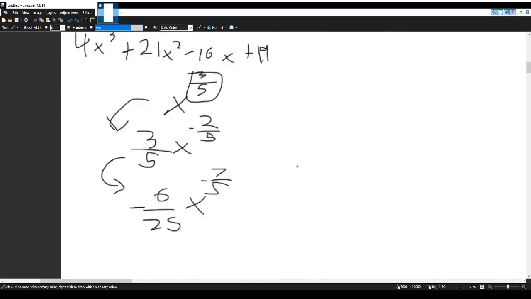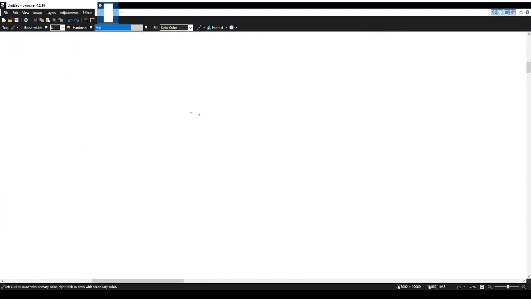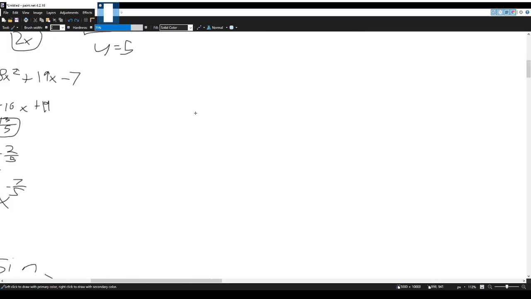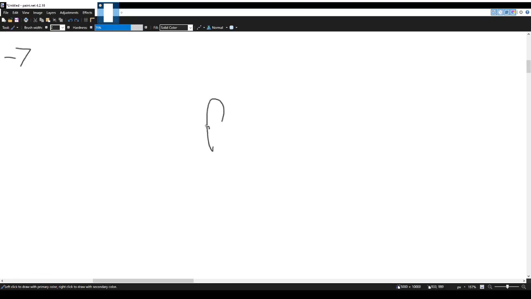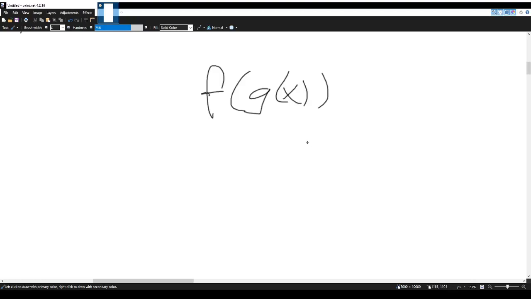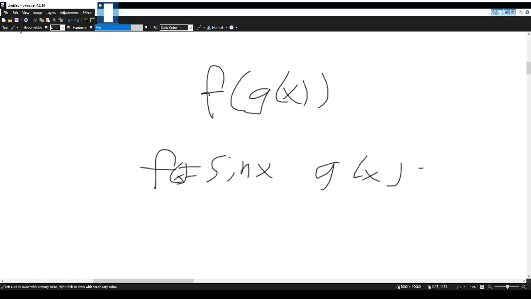Now the chain rule is a way of doing a function inside of a function. So if you imagine something kind of abstract like f of g of x, what are we saying here? We're saying we have a function f, and the input of f is another function. So let's say f of x is sine x, and g of x is x squared.